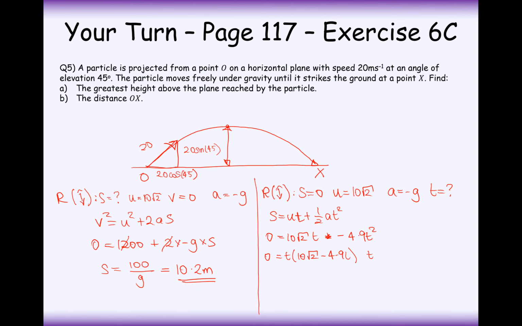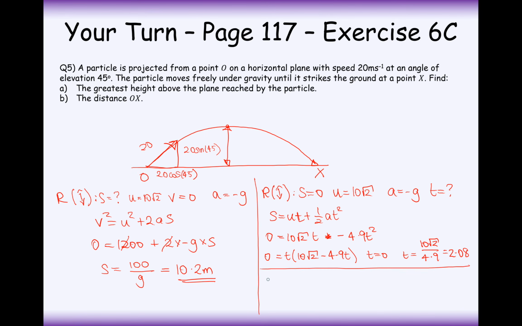So t is either going to be 0, which makes sense because the starting point has a displacement of 0, or we rearrange inside the brackets. It would be 10 root 2 divided by 4.9, which gives 2.08. So it has a travelling time of 2.08.